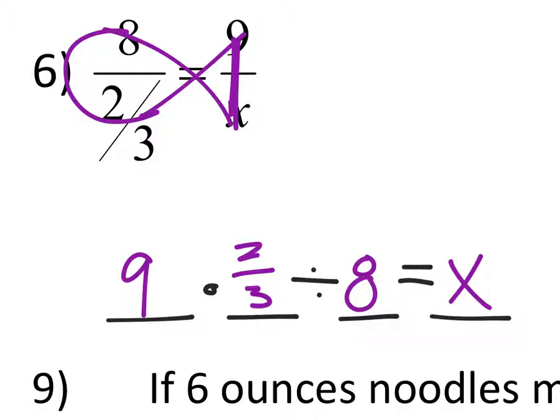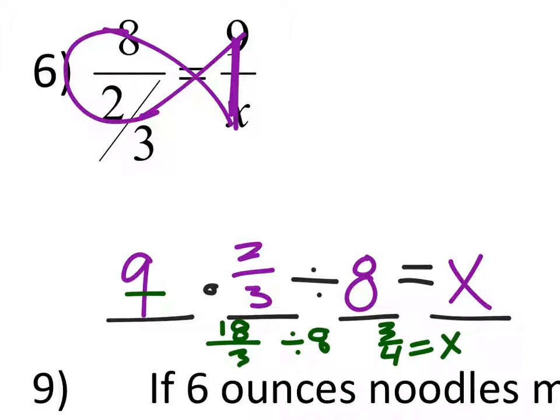Well, in my calculator, I can put this in. Of course, not everyone needs a calculator on this stuff, right? You could use 9/1 times 2/3, giving you 18/3, which is really just 6. And then we'd divide this by 8. And 6 divided by 8 should give us 3/4 as a fraction.